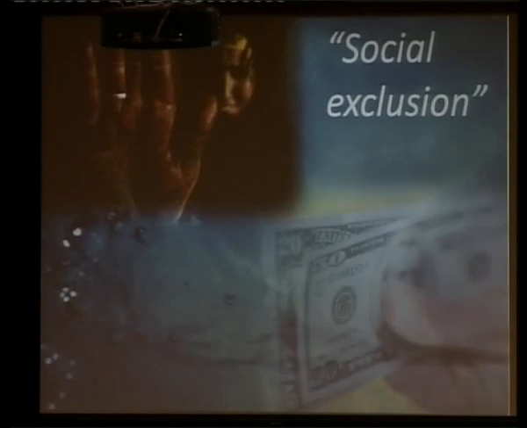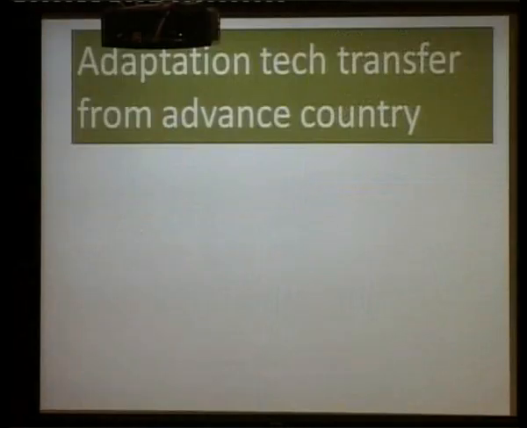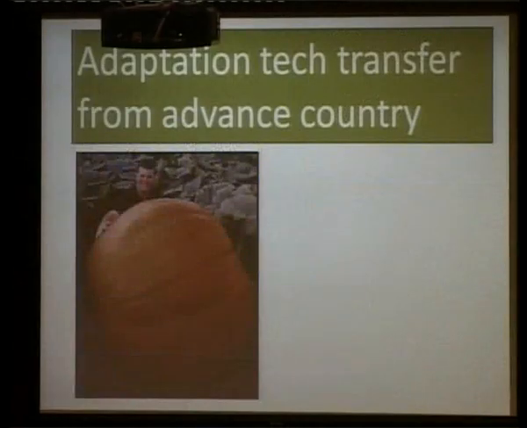And some Japanese technology, like early warning systems, may be too expensive for a developing country like Indonesia. So, if it is adaptation technology, like a new crop from Japan to Indonesia, if the taste is not good, maybe they won't accept it, right?